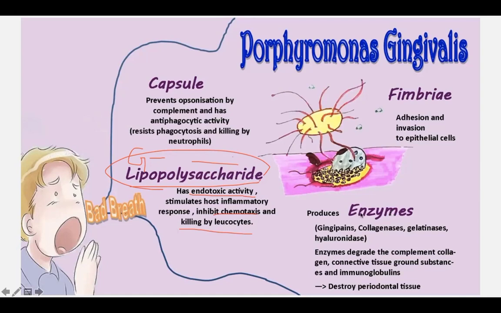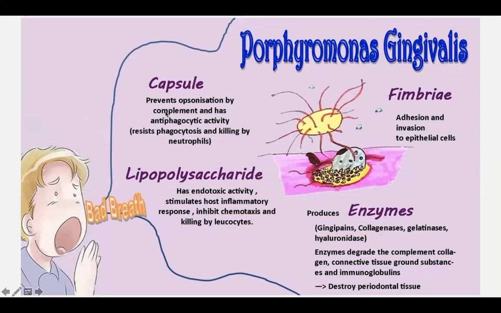And enzymes, this bacteria produces enzymes. How do you remember gingipains, collagenases, like Colgate toothpaste, okay, gelatinases and hyaluronidase, right? So at least you remember these two, gingipains and collagenase. It's easy to remember.